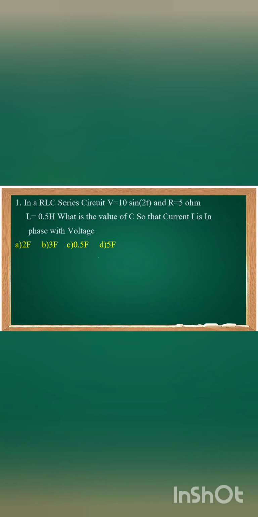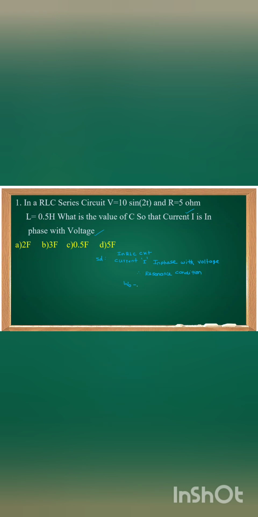If voltage and current are in phase, then it indicates resonance condition in the RLC circuit.